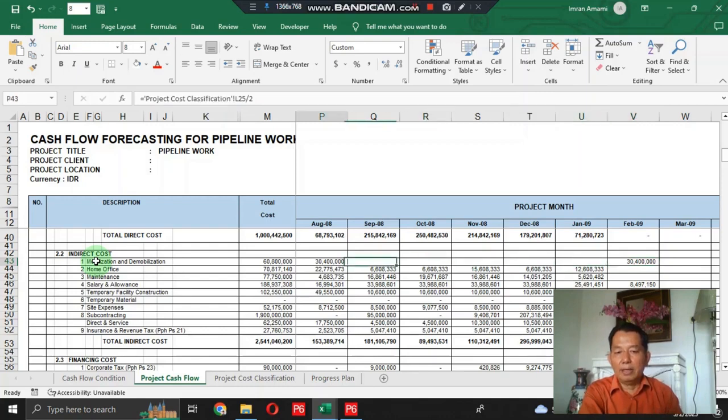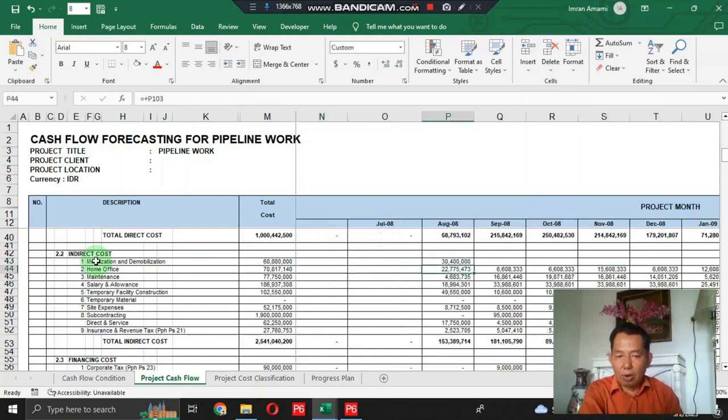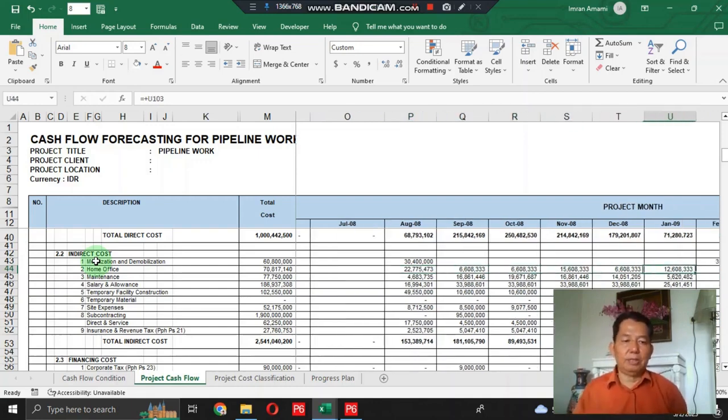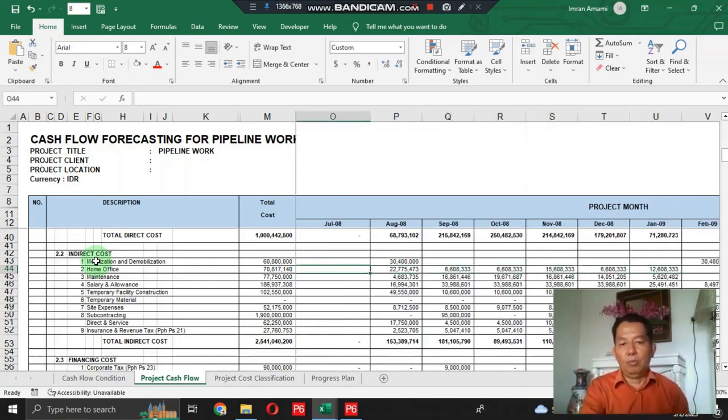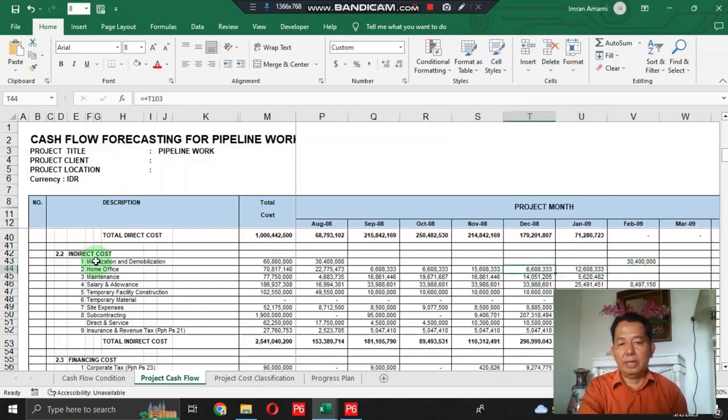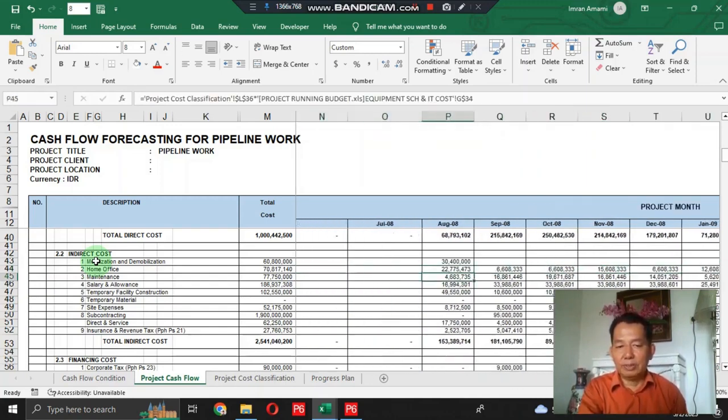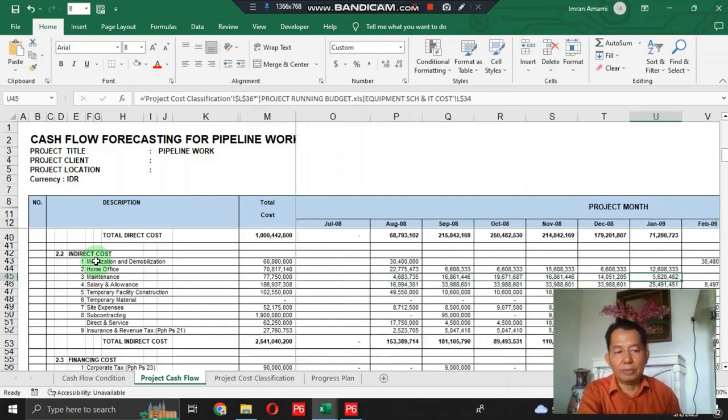Now for home office cost, you should allocate 6 months, 1 2 3 4 5 6 here, and the same also for maintenance cost, 6 months. Then for salary and allowance, there is 1 additional month, so you should allocate in the 7th month here.